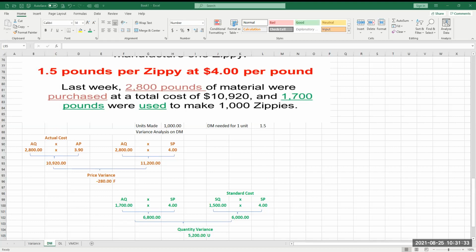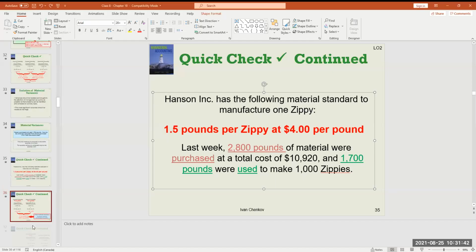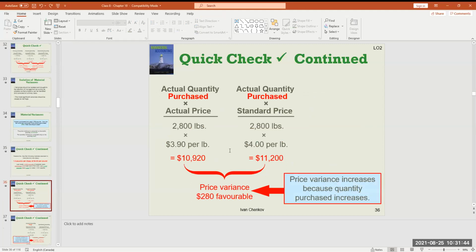Let's go back to slides now. Again, for the price variance, we're going to use the purchase quantity, and we're just going to compare the price, and we're going to get the price variance. So we can have the purchasing manager responsible here.